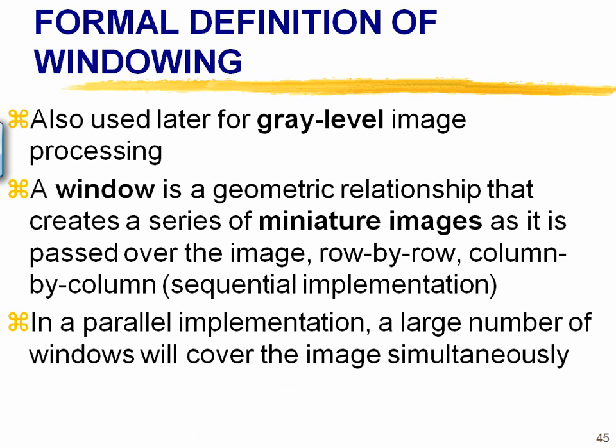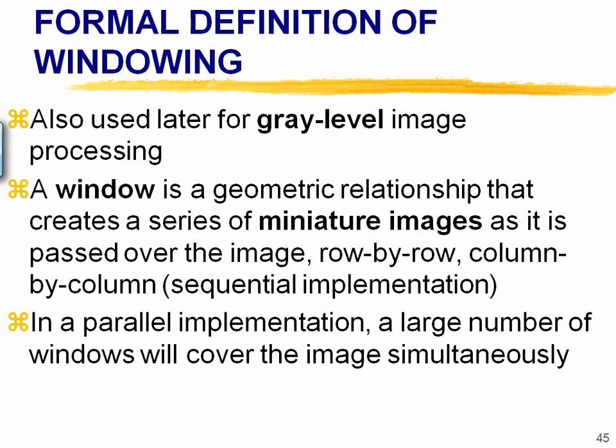Now, as I said, this is the same operation you perform on gray level images as well in terms of the structuring element. So there is commonality of what we are defining here. As a result, we will also try to define this in a little more concrete fashion. Keep in mind that inherently the windowing operation is a sequential operation.